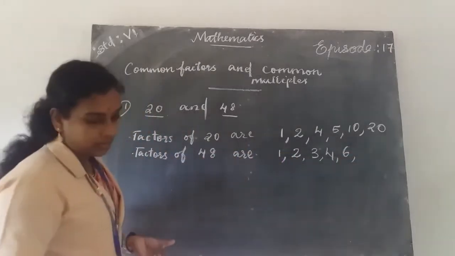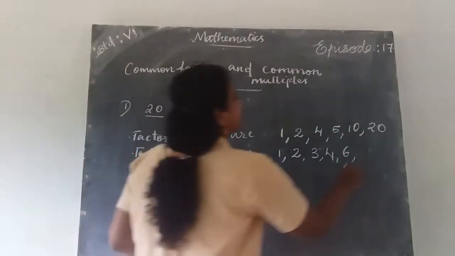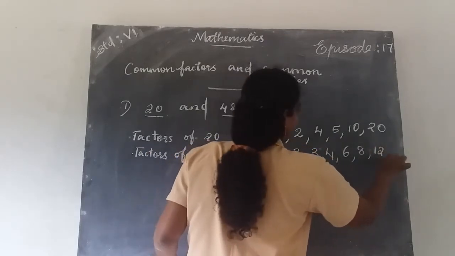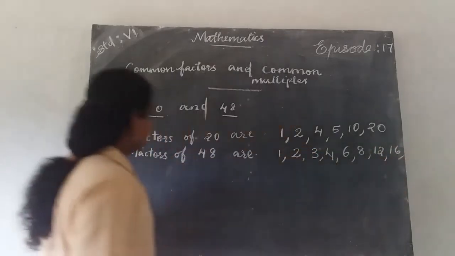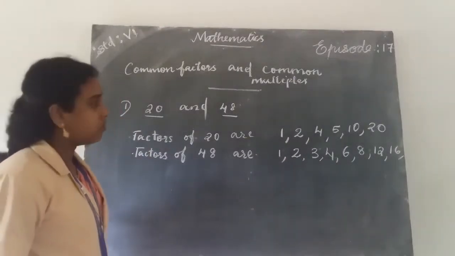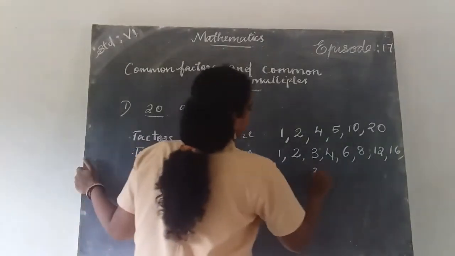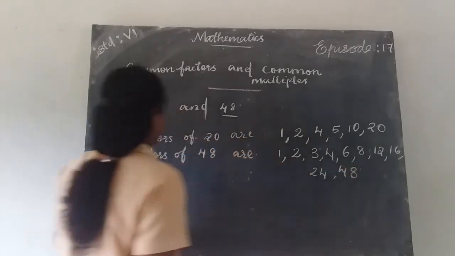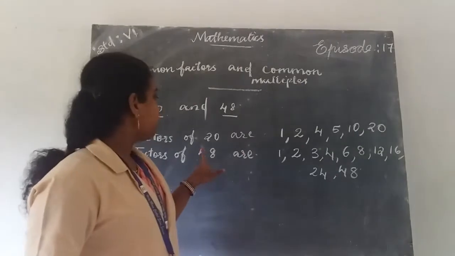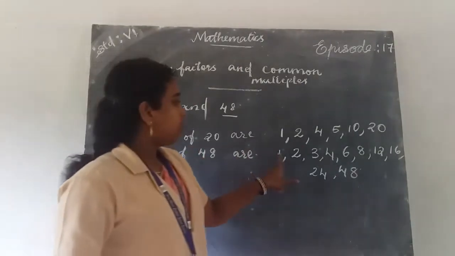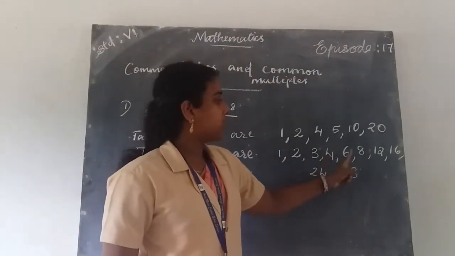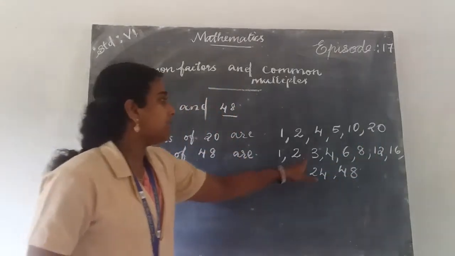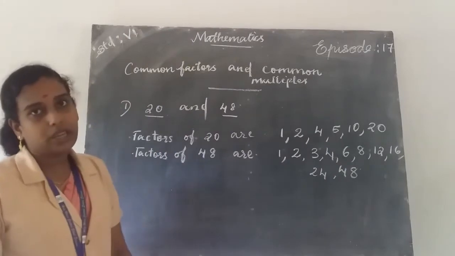Then it's also in the table of 8, 12, and in the table of 16. Then it's also under the table of 24 and 48. So 48 comes in the table of 1, 2, 3, 4, 6, 8, 12, 16, 24 and 48. So we can say that these are the factors of 48.